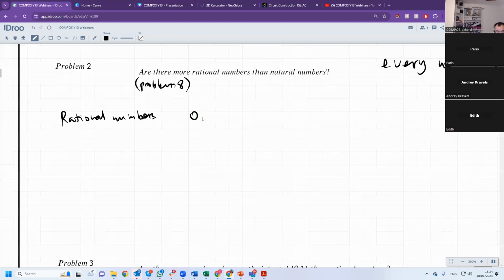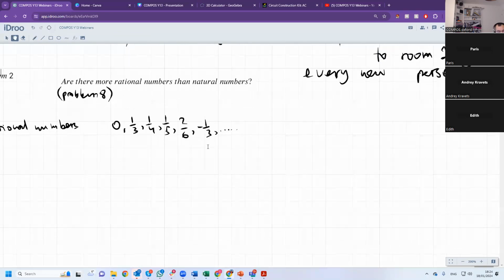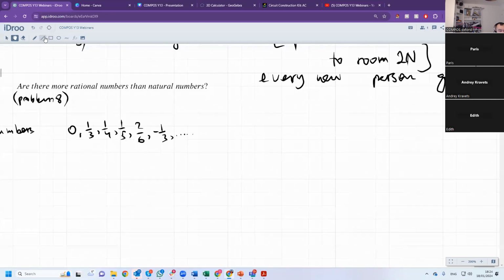So all fractions: 0, 1/3, 1/4, 1/5, 2/6, -1/3, etc. The set of rational numbers is massive, and there are infinity between 0 and 1. There are infinity rational numbers.